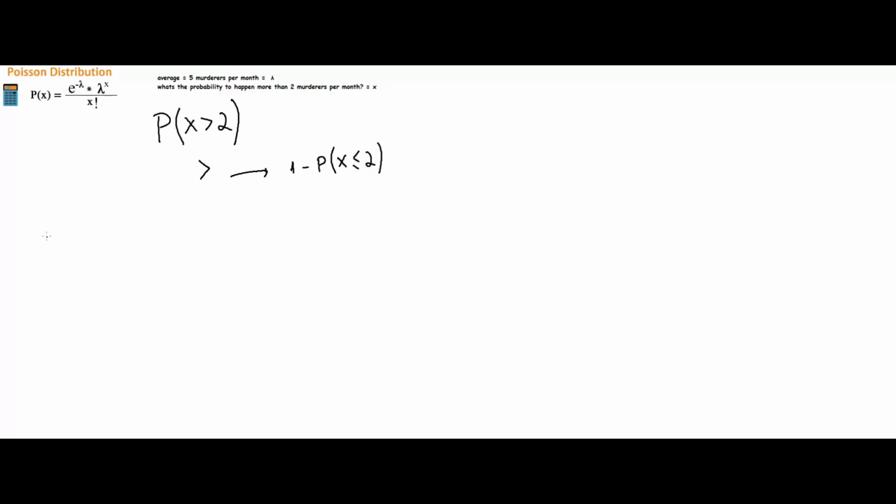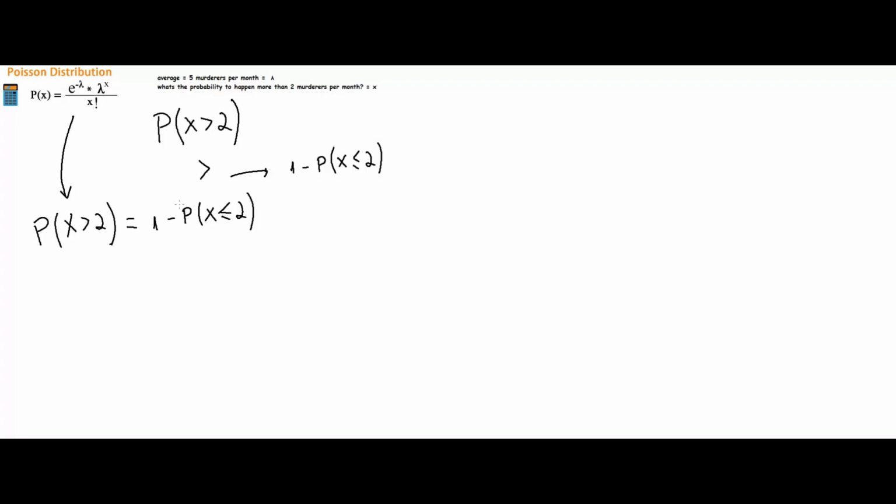So how is the equation going to be? The probability of murders being more than 2 per month is equal to 1 minus the probability of murders being less than or equal to 2.